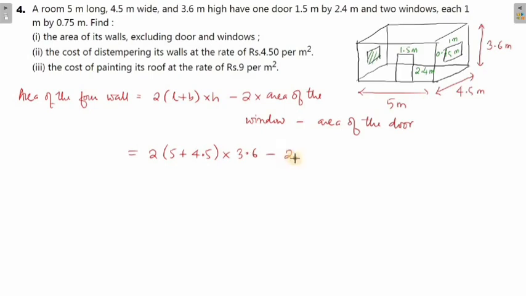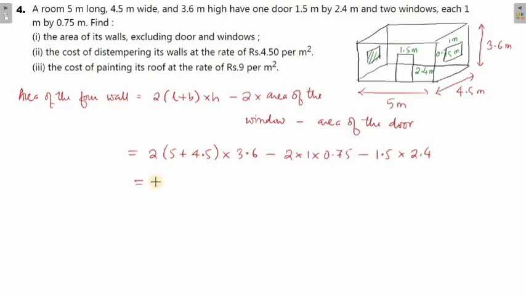minus 2 into the area of the window. The window is in rectangular shape, and all of you know that the area of a rectangle is L into B. For the window, length is 1 meter and breadth is 0.75. So 2 into length into breadth, minus the area of the door. The door is also rectangular, so it will be 1.5 into 2.4. Simple.